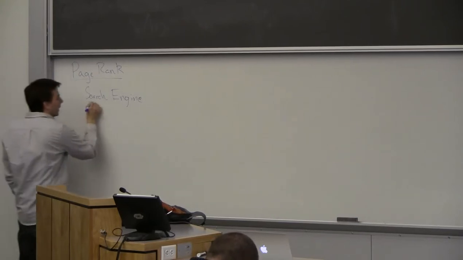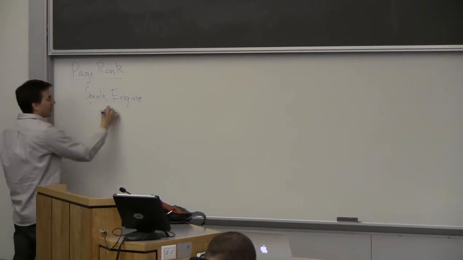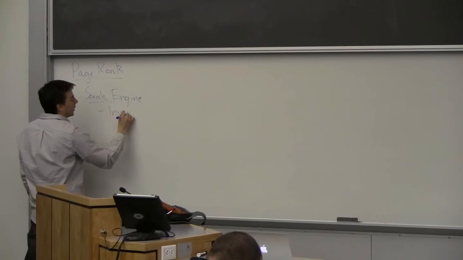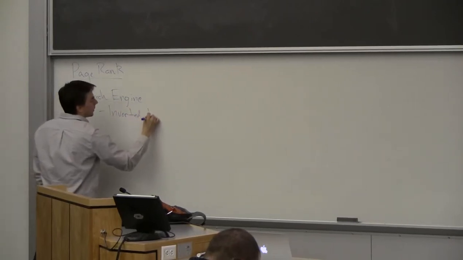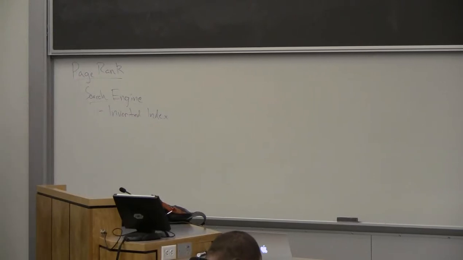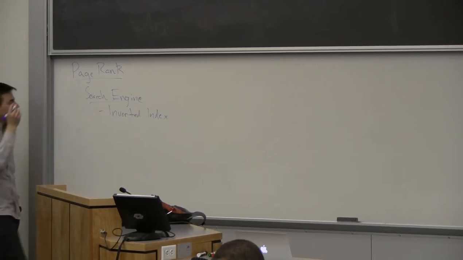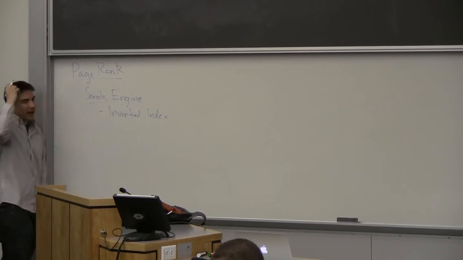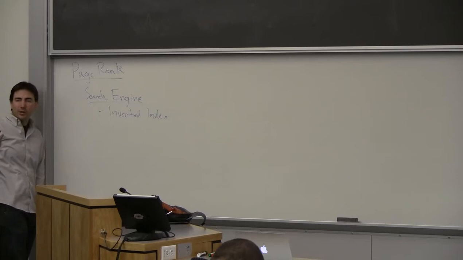Your interaction with it is just through what's called an inverted index. And so an inverted index is something where it kind of lists all possible things you would search for.